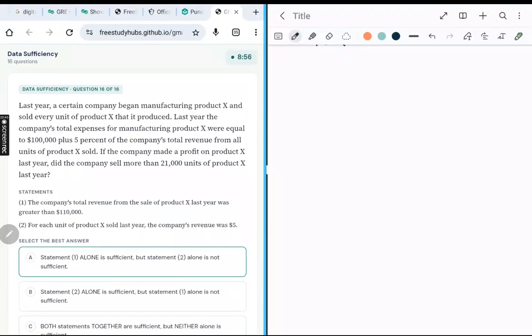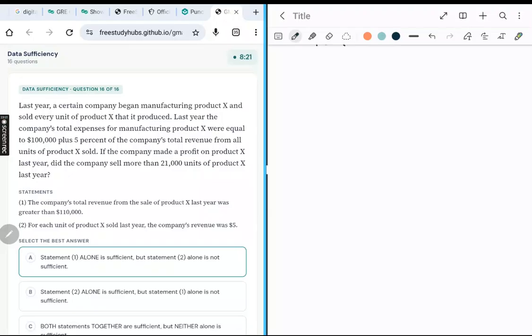Last year, a certain company began manufacturing product S and sold every unit of product S that it produced. Last year, the company's total expenses for manufacturing product S were equal to $100,000 plus 5% of the company's total revenue from all units of product S sold. If the company made a profit on product S last year, did the company sell more than 21,000 units of product S last year?